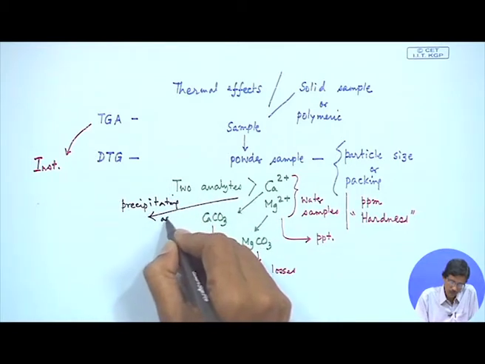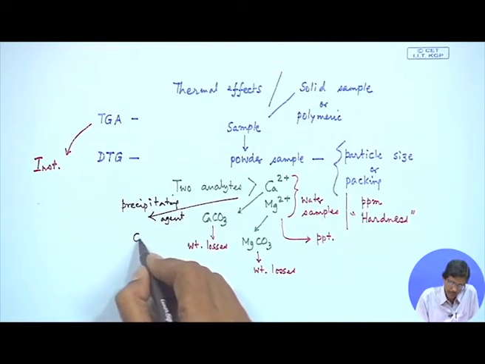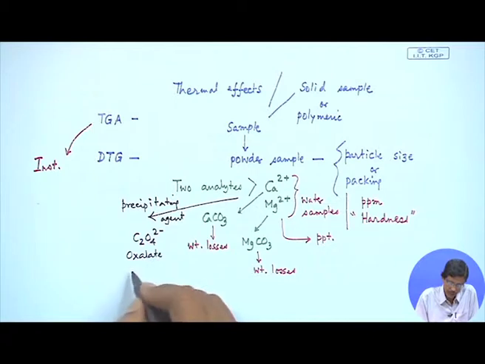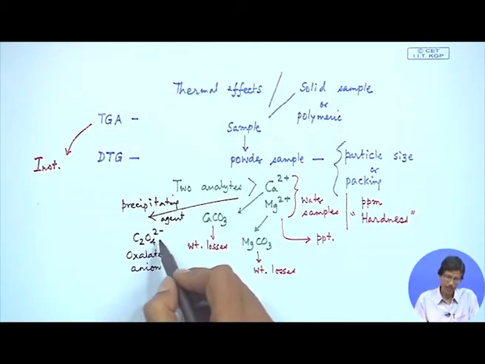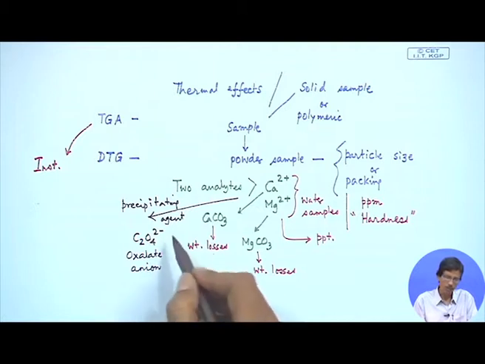So, which is the precipitating agent? The precipitating agent can be C2O4 2 minus, which is the oxalate anion, which has a 2 negative charge, the dianionic form of oxalic acid or sodium oxalate, which we can use.